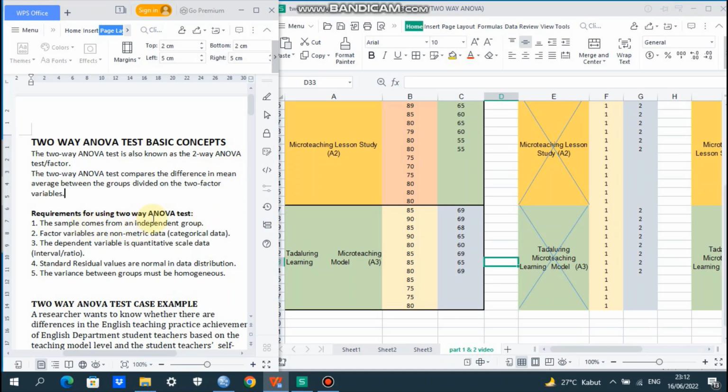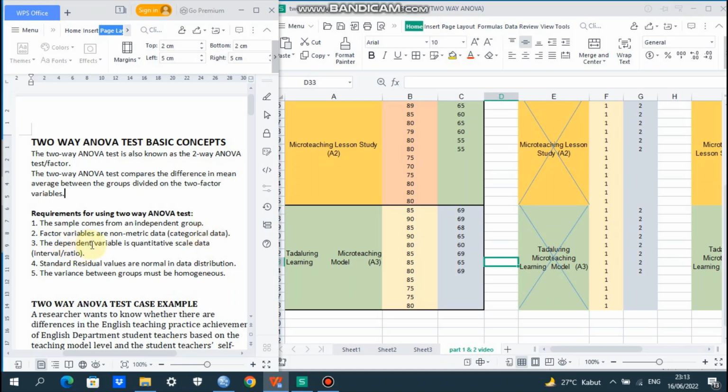Requirement for using two-way ANOVA test. Number 1, the sample comes from an independent group. Number 2, factor variables are non-metric data, or we can call it categorical data.